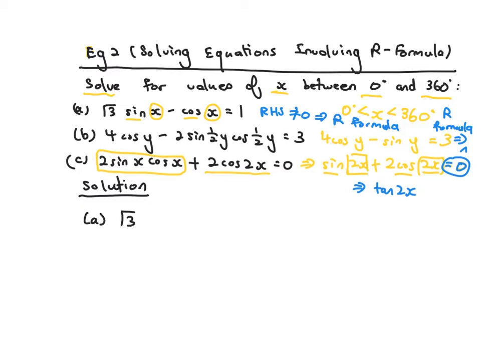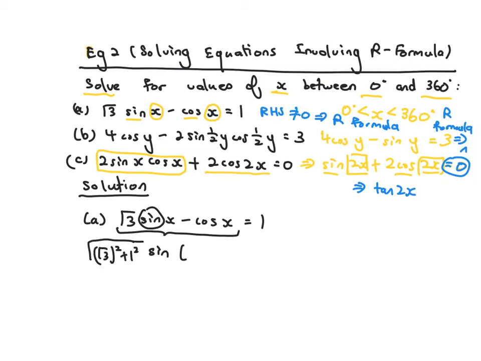So this 2 trigo value will become a single trigo value. So since sine is in front, I'll use the sine function, and then the number in front is the square root of this square plus this number 1 square. So it's root of root 3 squared plus 1 squared, ignoring all these signs.